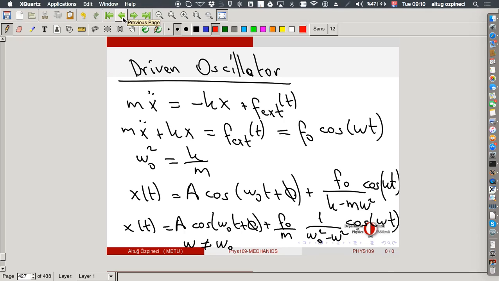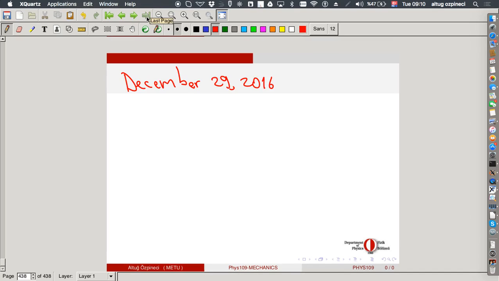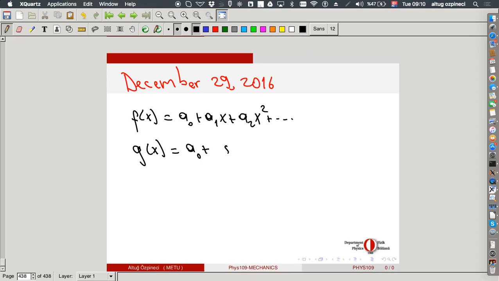So f of x will be just a0 plus a1x plus a2x squared plus etc. Any function. Now there is another theorem called the Fourier expansion, which tells me that any periodic function, whatever the period is, can be written as a0 plus sines and cosines.